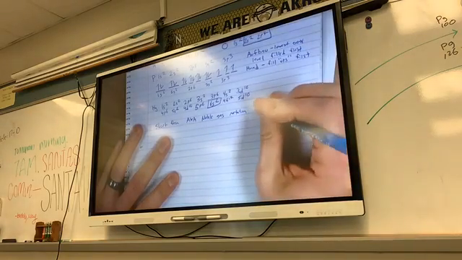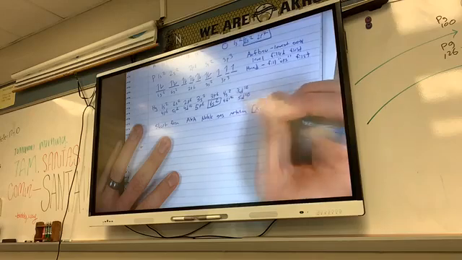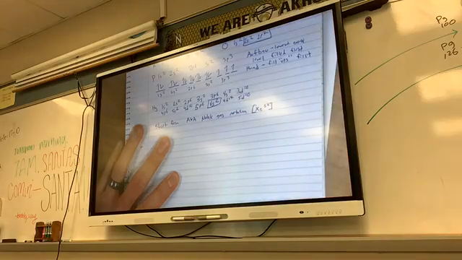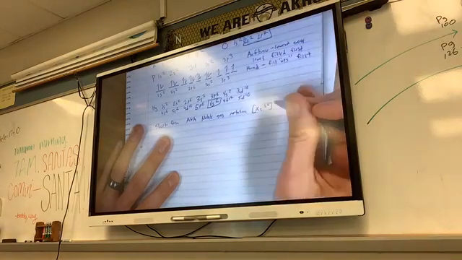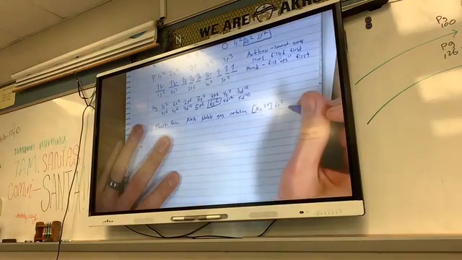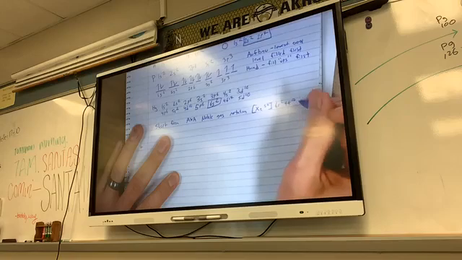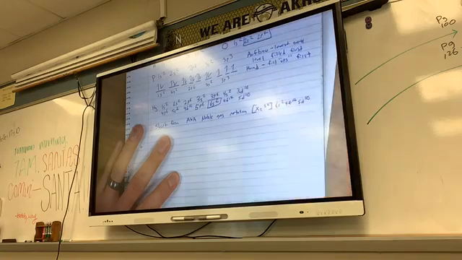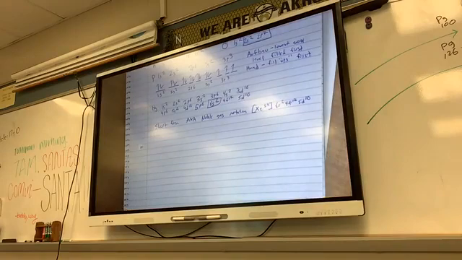So I would put [Xe] 54 in parentheses. That covers everything up to my 6s2, 4f14, 5d10. So that is the short form for Mercury.